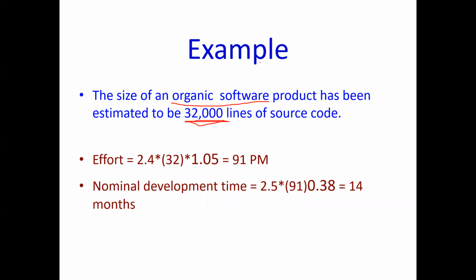KLOC means kilo line of code. That means 32 KLOC. 32,000 LOC means 32 KLOC.